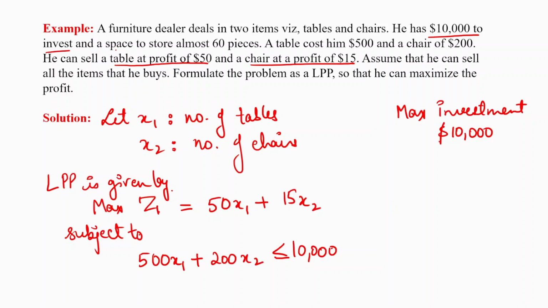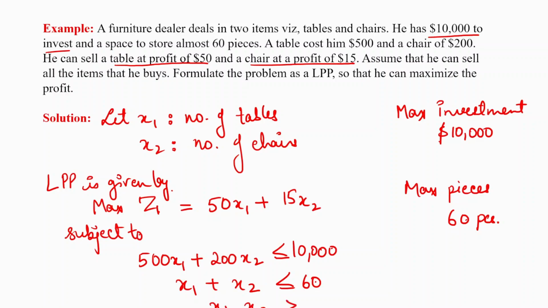Also, the maximum pieces that they can store is only 60 pieces. So x1 plus x2 is less than or equal to 60, where both x1 and x2 should be greater than or equal to 0, because the number cannot be negative. This is how we can formulate our problem into an LPP.